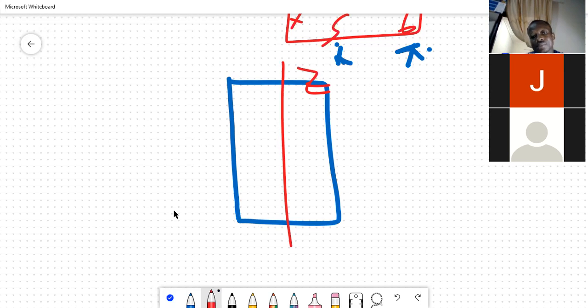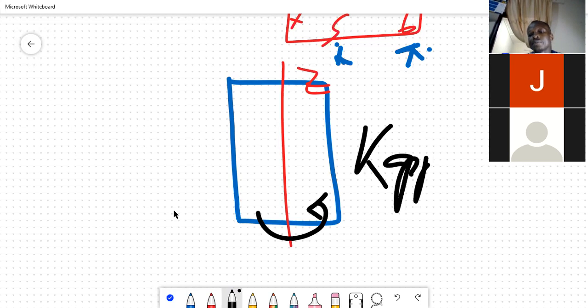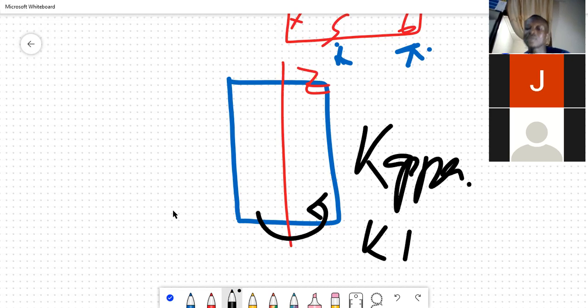If I rotate about the z-axis, I have the kappa. When I say kappa 1, I'm referring to a movement about the z-axis of the left projector. When I say kappa 2, the right projector.